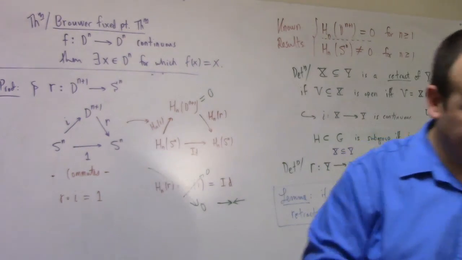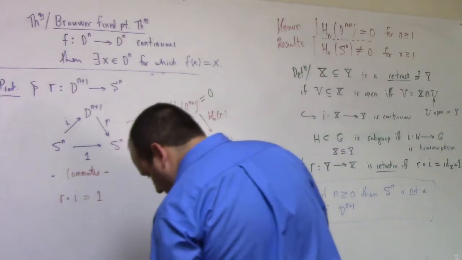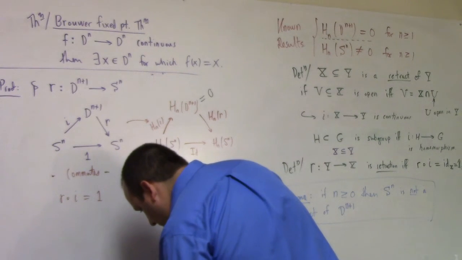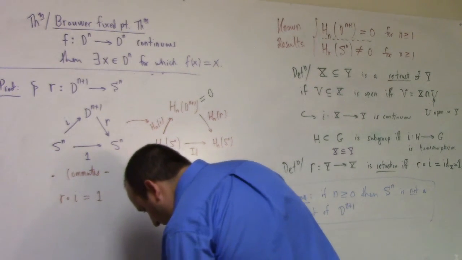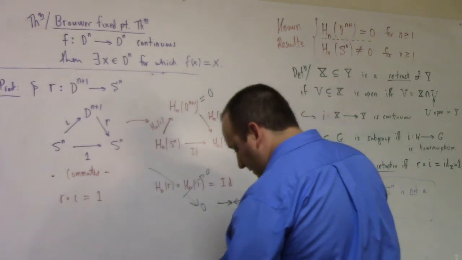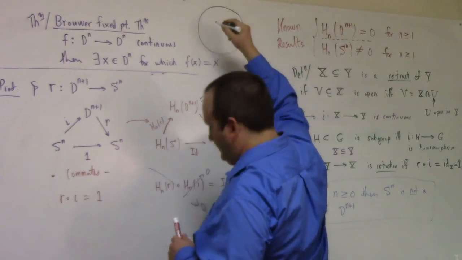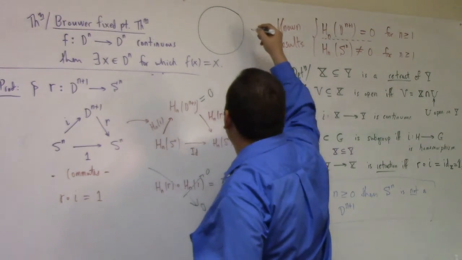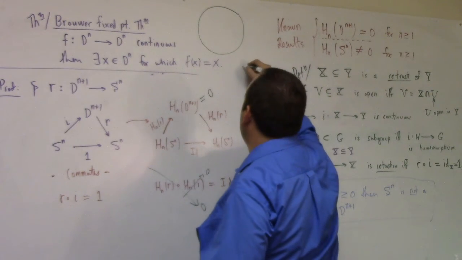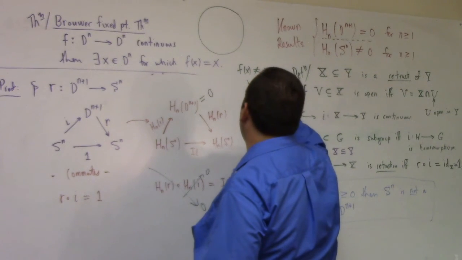Here it is. You just mostly draw a picture. Basically, to contradict this, suppose f of x is not equal to x for all x in D^n.